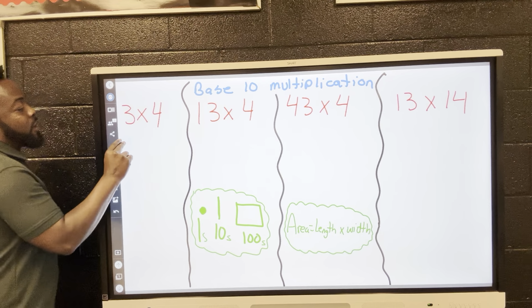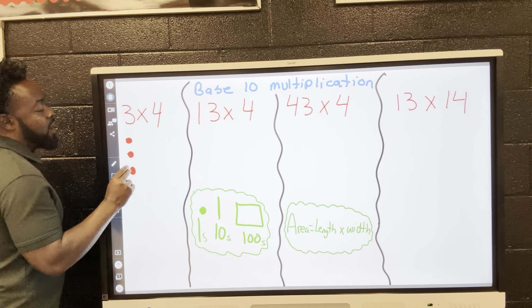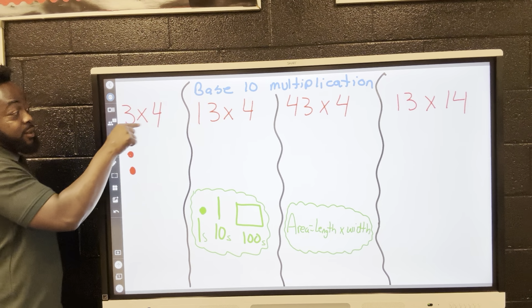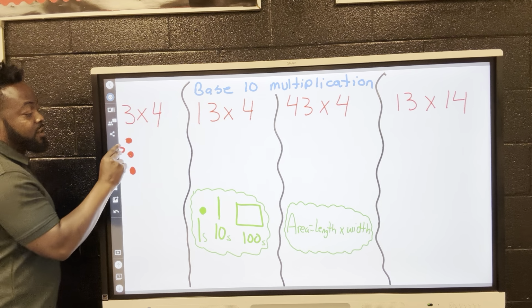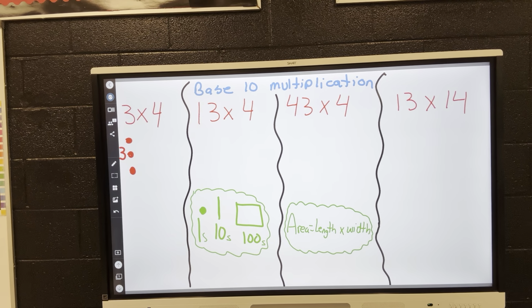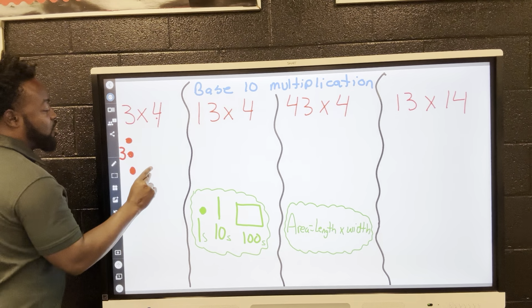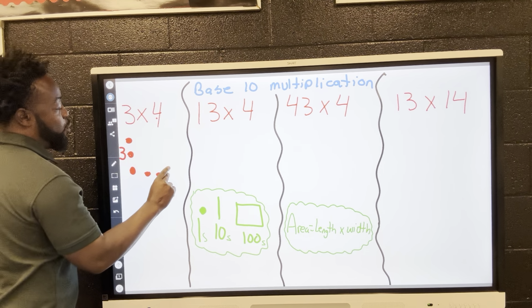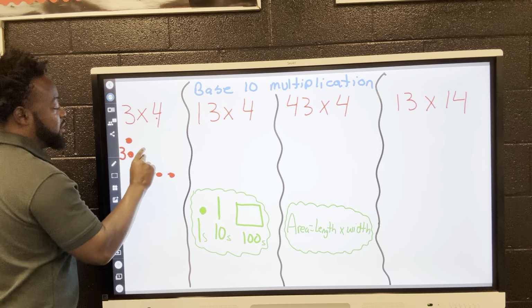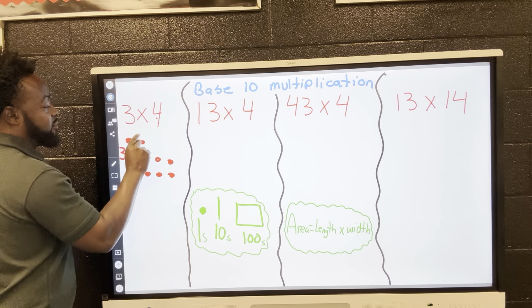3 times 4. What we're doing is, since we're in ones, because these are just ones, we'll make 3 going up and down. Then we need 4 going across. This is more what we're all kind of used to seeing. We fill them all in.